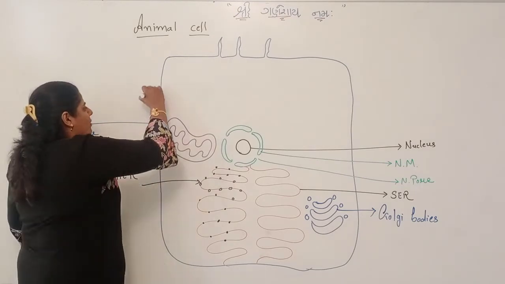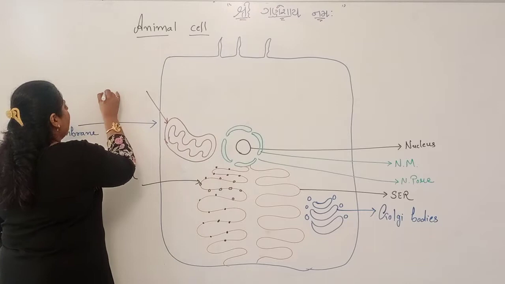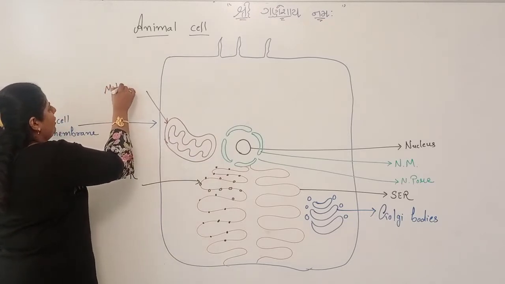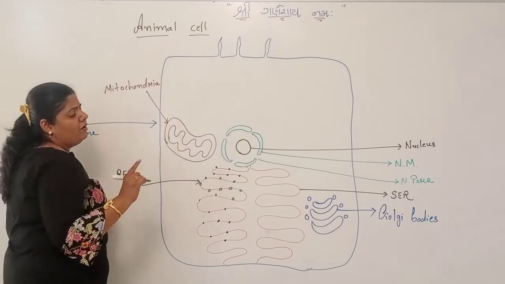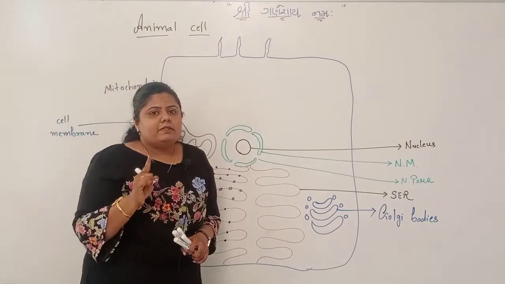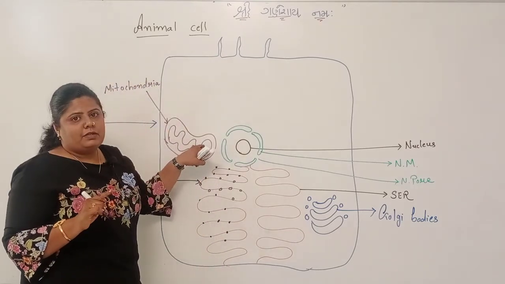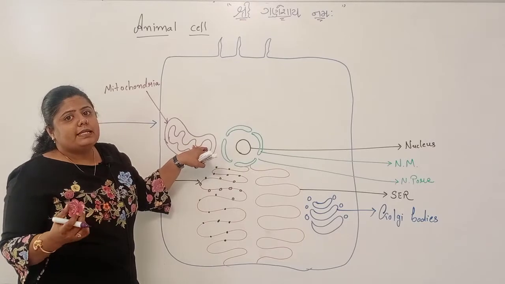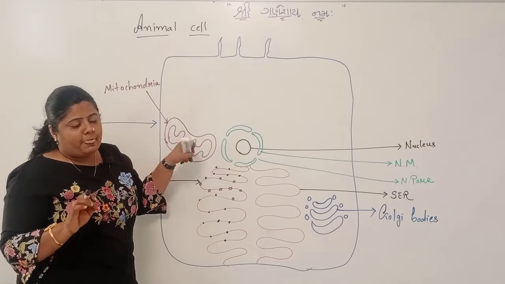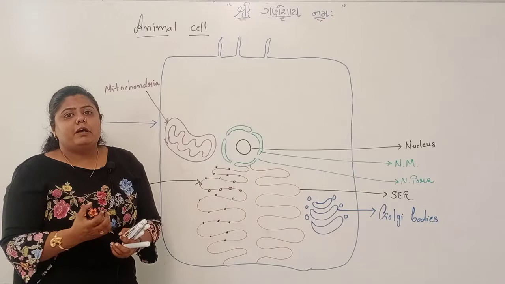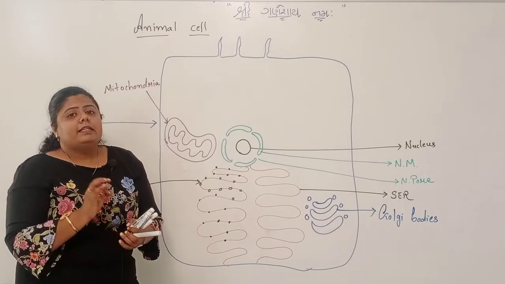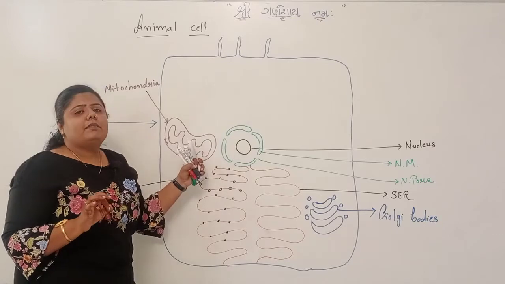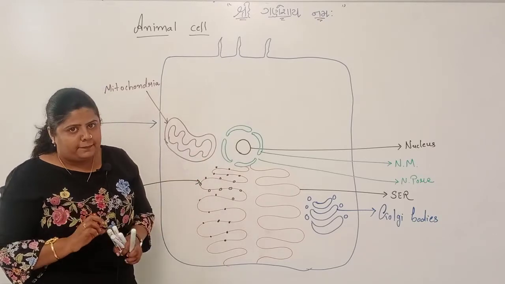Because mitochondria are responsible for production of ATP. ATP is the currency of our cell. That's why it's called powerhouse, because it continuously supplies ATP. So a cell which performs maximum activities contains a high number of mitochondria.